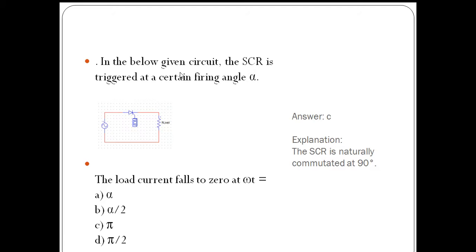In the given circuit, the SCR is triggered at a certain firing angle alpha. The load current falls to 0 at omega t equal to what? Actually, the load consists of only resistive load.